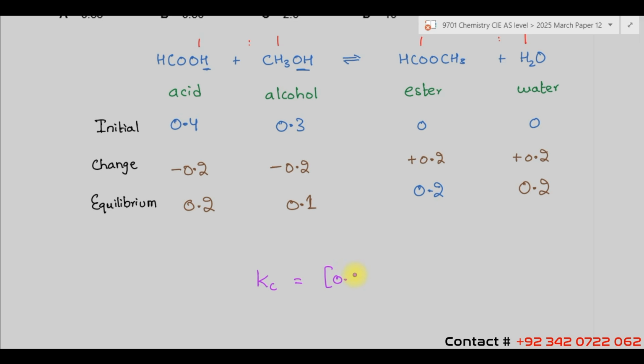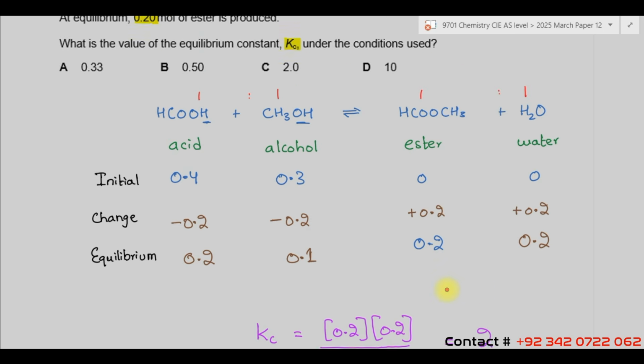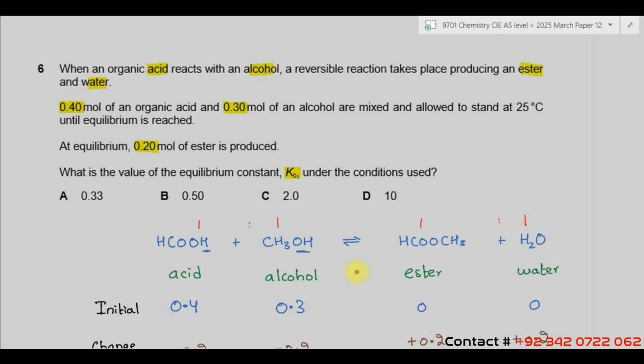So we have 0.2 concentration of ester, 0.2 concentration of water, 0.2 concentration of acid, and 0.1 concentration of alcohol. We can then find out the answer, so it is equal to 2. Correct answer is therefore C.